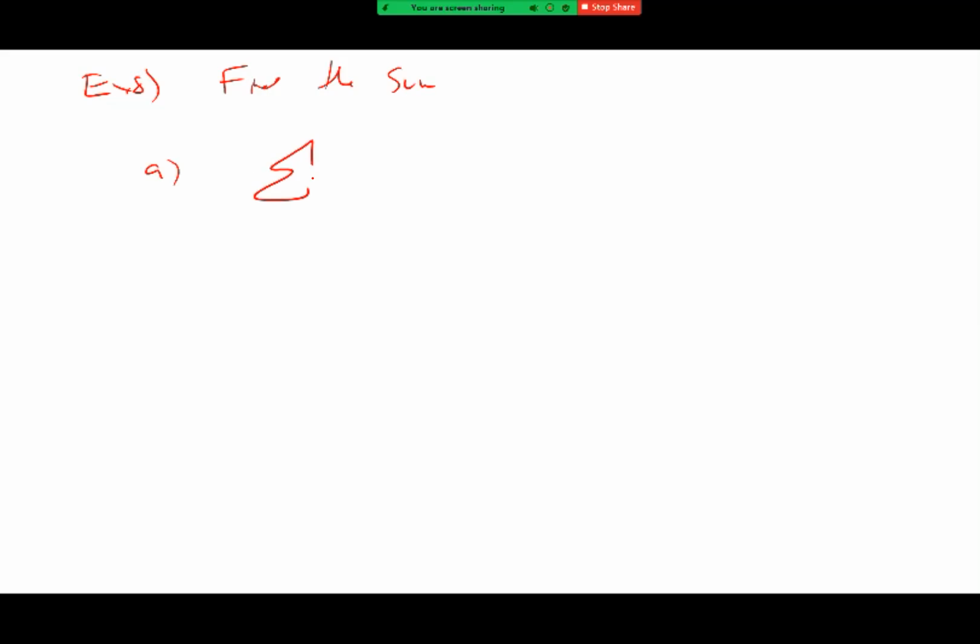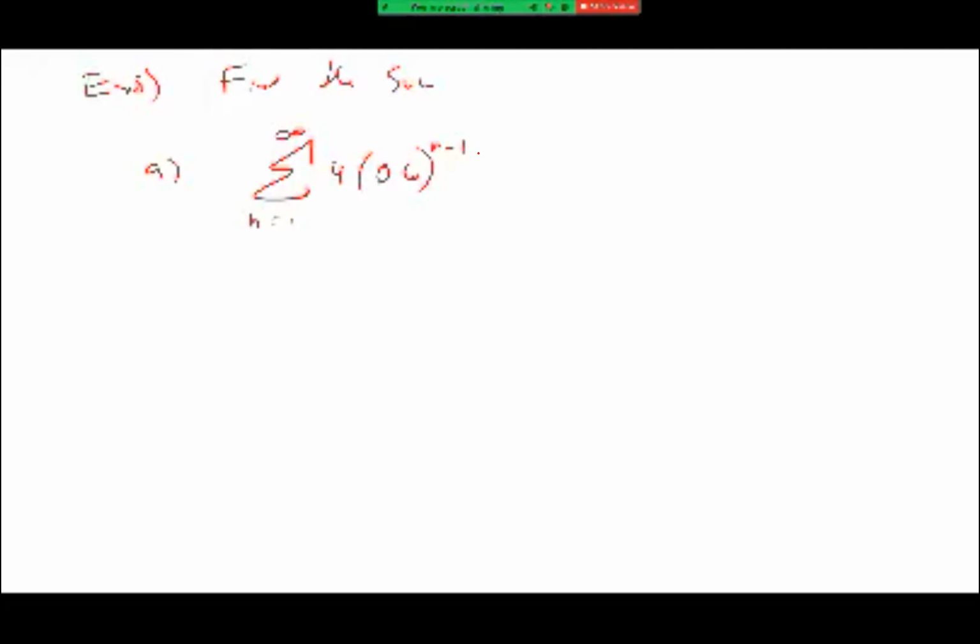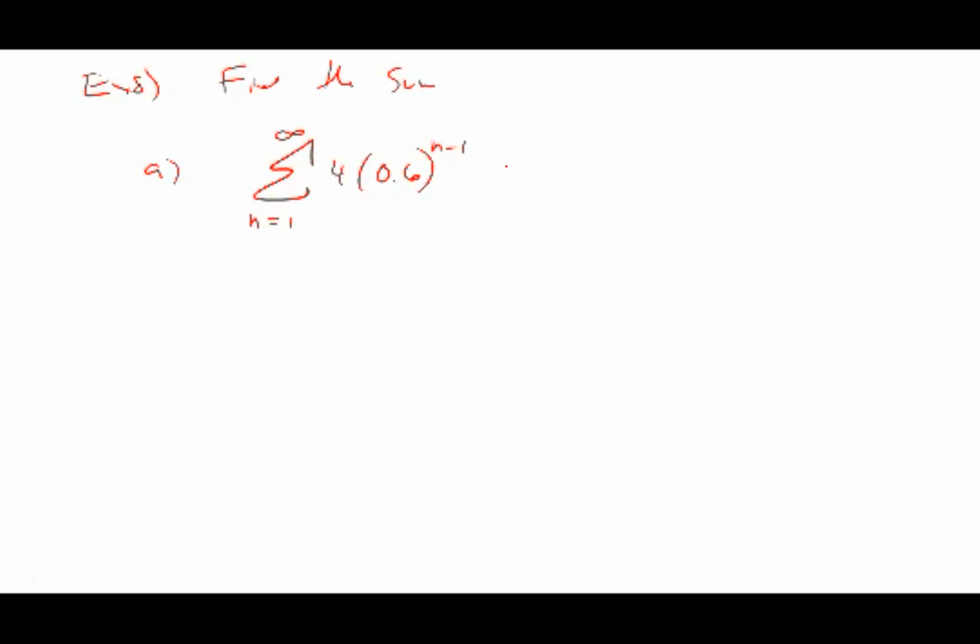So again, the only thing you have to be careful about, if you're going off to infinity, is that the ratio has to be less than 1. So 0.6, does that work? Yes. Let's plug it into the formula. The formula is a whole bunch easier. All yours, go.